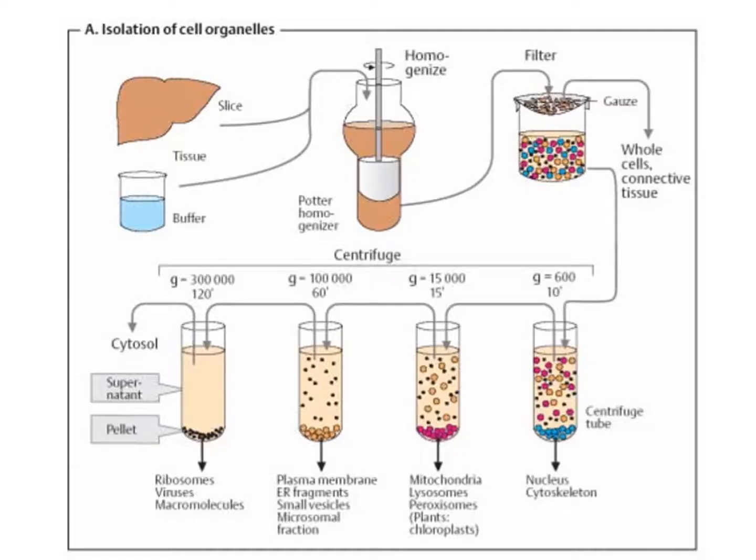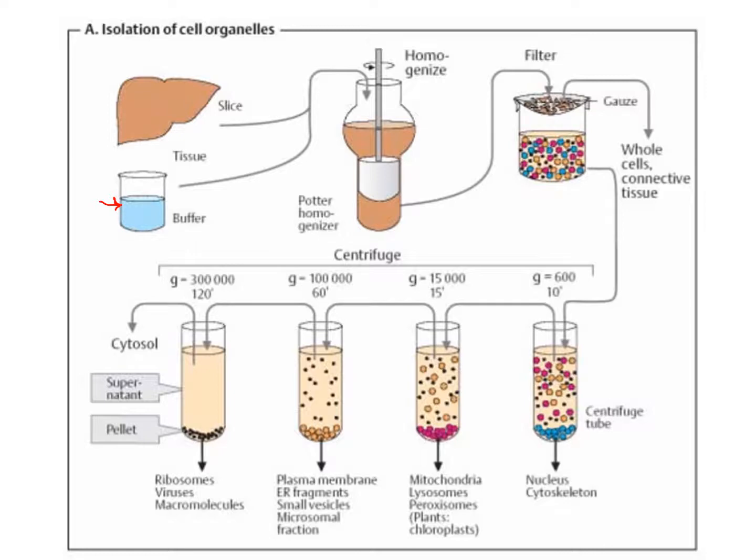So here's a big landscape view of differential. Slice of the old liver. You put it in a buffer, and it's not showing protease cocktails right there. You homogenize it in a Dounce homogenizer. You then maybe filter and pour it over, so you end up with whole cells, connective tissue, things that make the liver the liver.